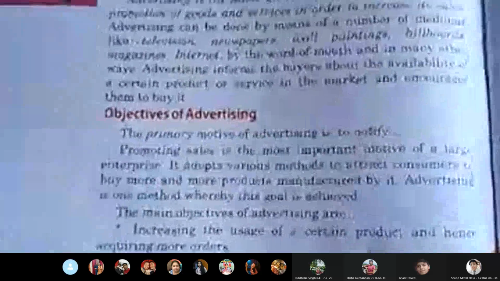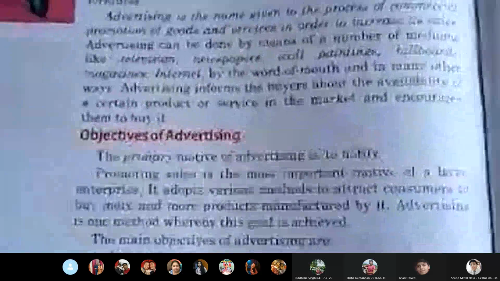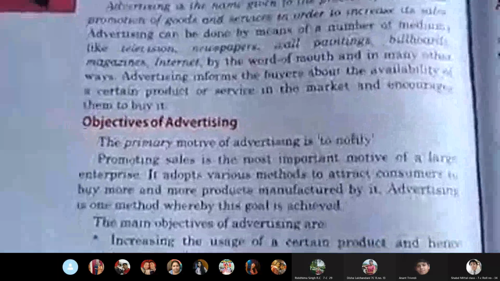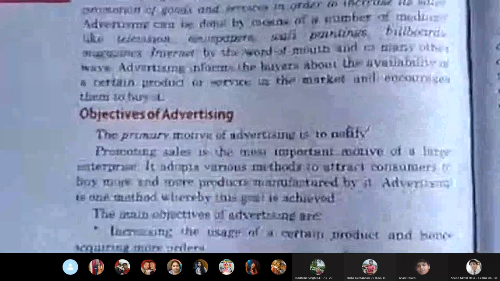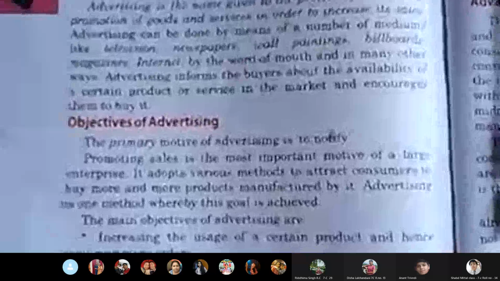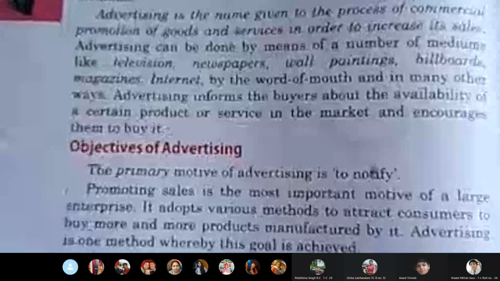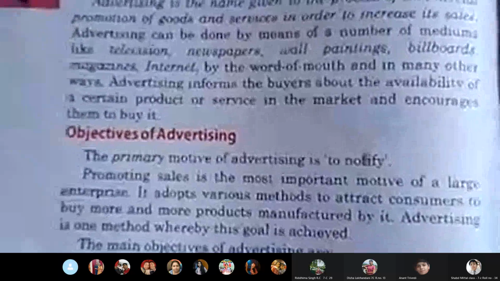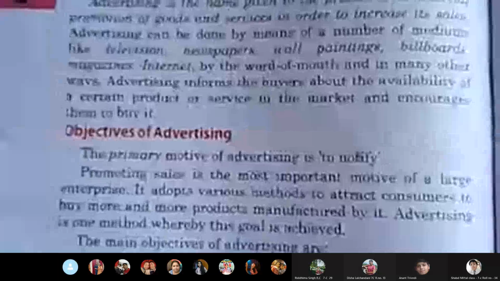It is only through advertisement, through proclaiming to the world that the product is available, that they make it available for sale. The main objectives of advertising are to increase the usage of a certain product and hence acquire more orders. That means the sale of that product is increased only after the demand is there. And how can the demand be created?